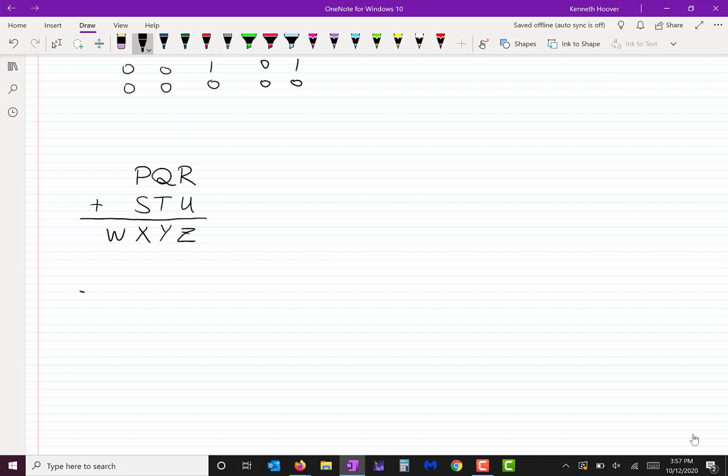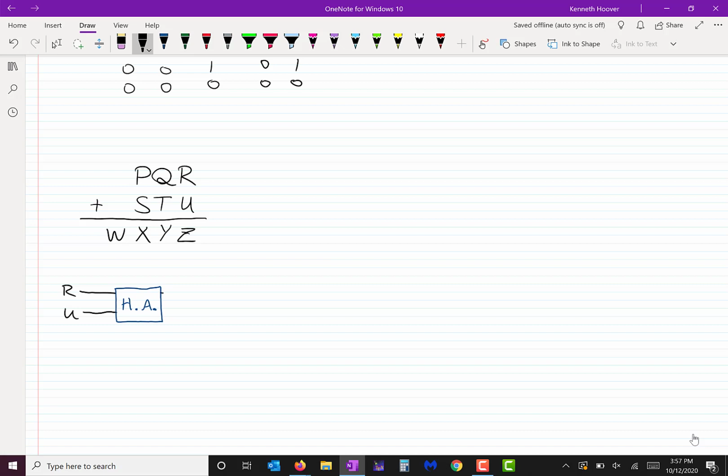R and U. Here, let's put it here. R and U. They go through a half adder circuit. I'm just going to put HA. Okay. 2 numbers are going to come out, an S and a C.